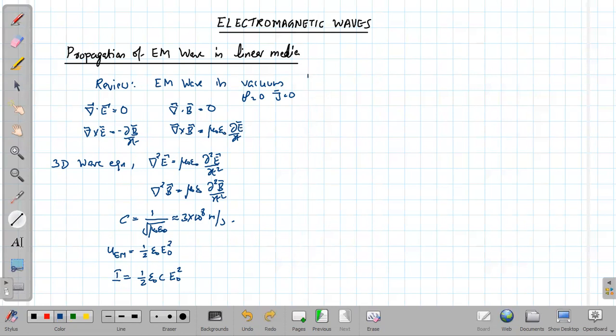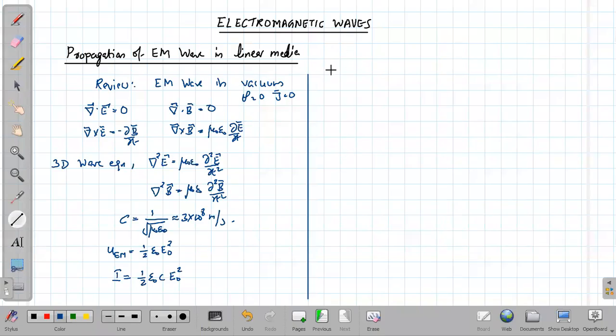Next we can see what will happen if we go to the linear media. Again, in the case of linear media also, we are assuming it's a source-free region.